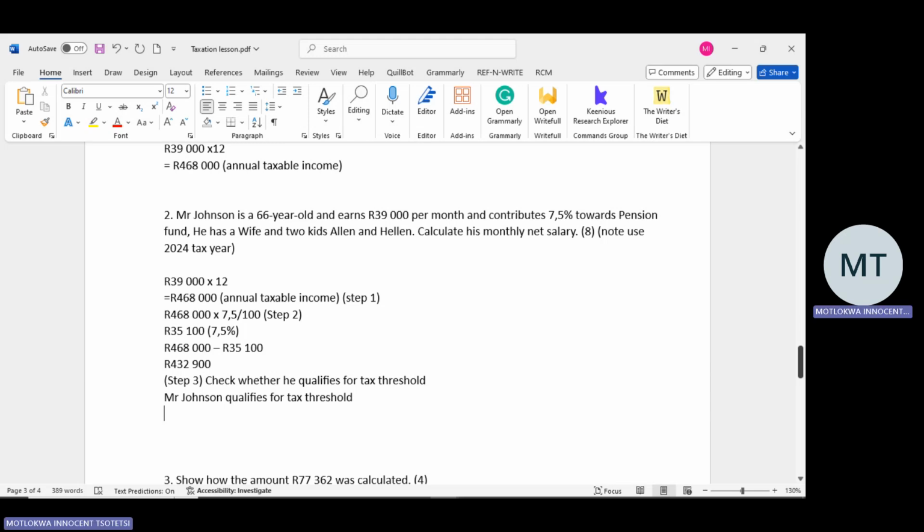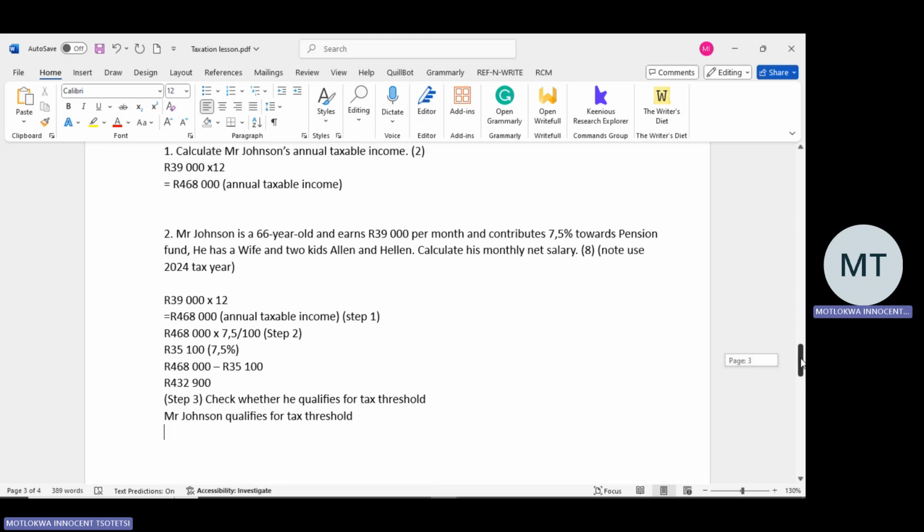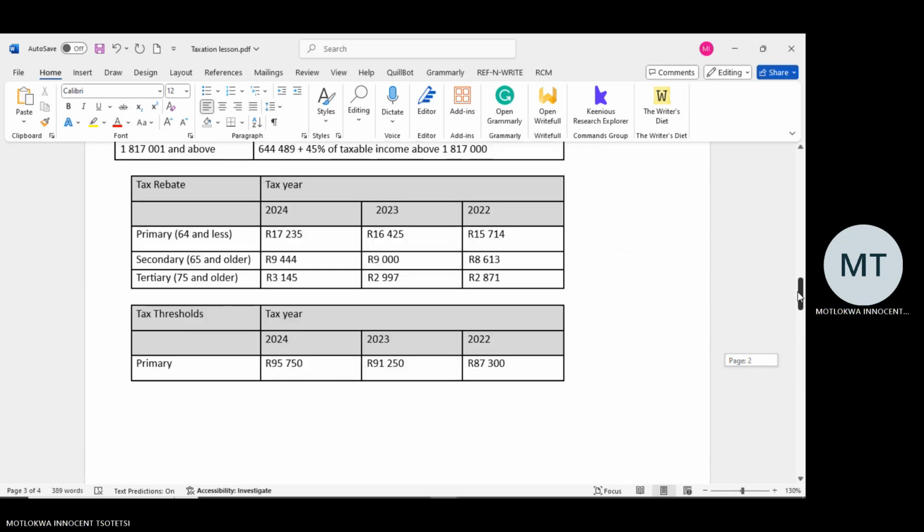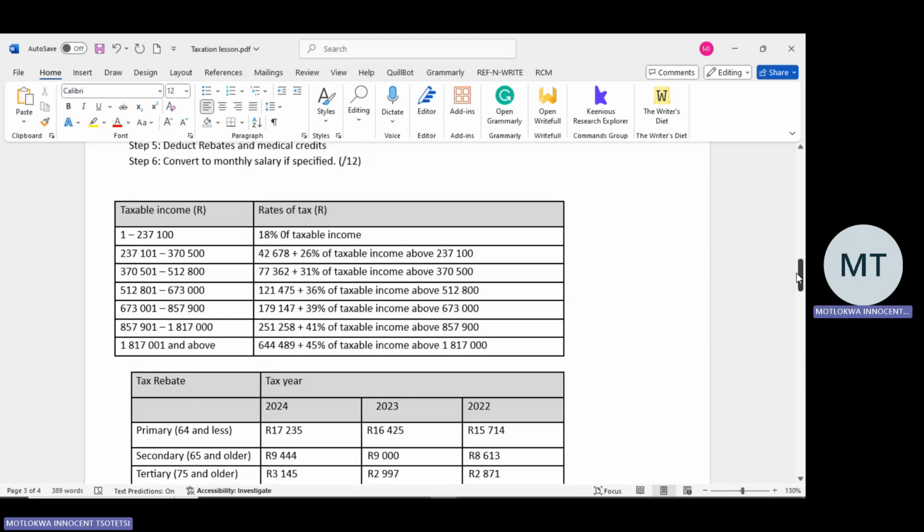Under step number 4, we determine the correct tax bracket, checking the final amount that we have, which is 432,900. We are going to check the tax bracket that Mr. Johnson qualifies for. So we move to the tax brackets; as I've told you, these tables are called tax brackets.